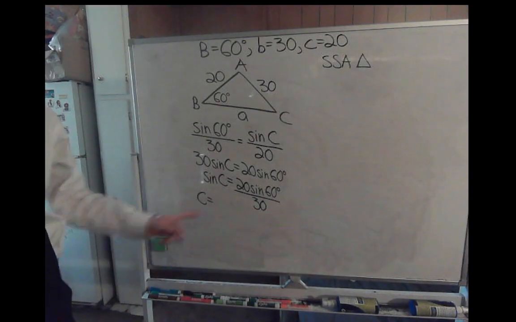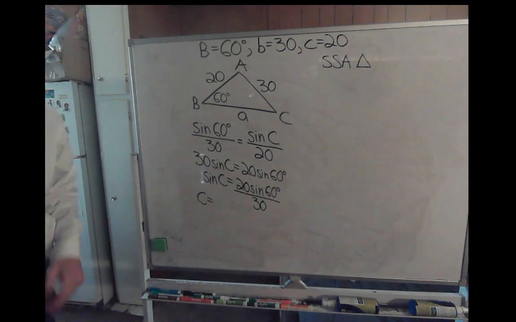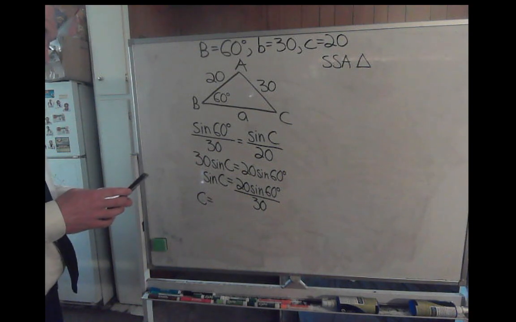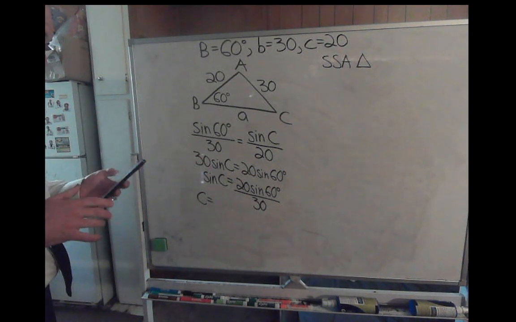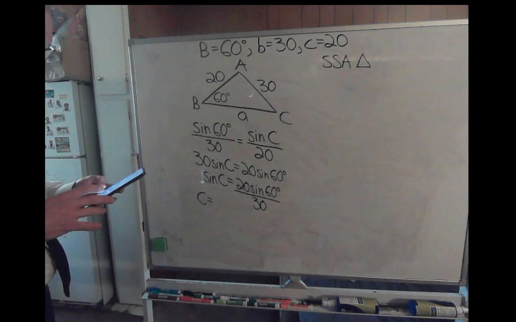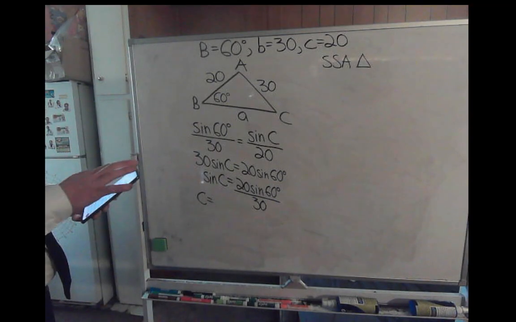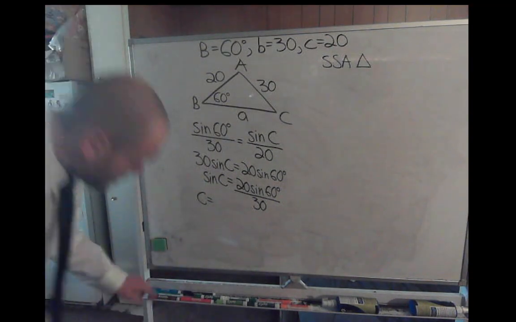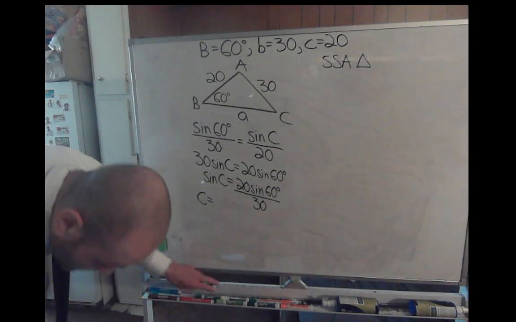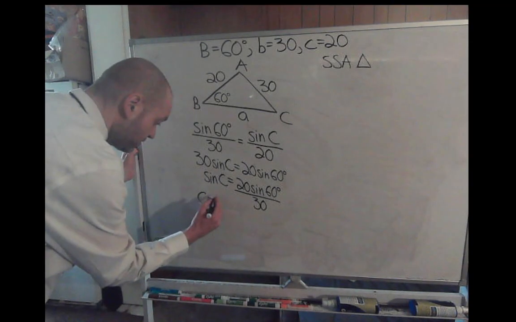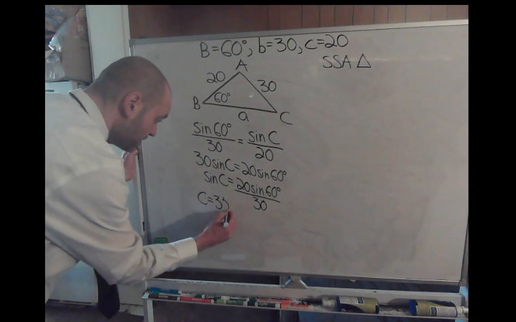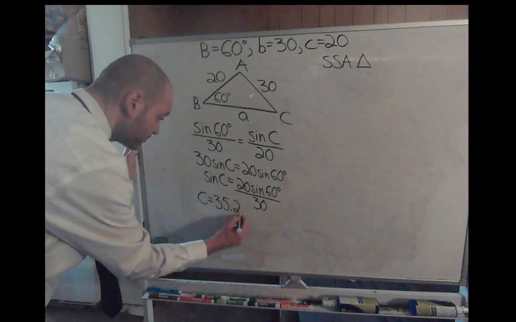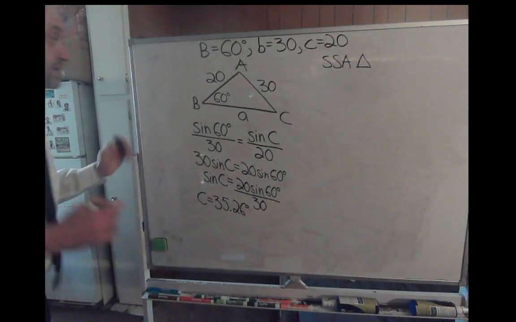Make sure your calculator is set to degree mode for this, because if you put it into radians, you'll be way off. You'll get something completely different. So 20 times the sine of 60, now divide that by 30, and then take the sine inverse of that answer. You would then end up getting 35.26 degrees, approximately.